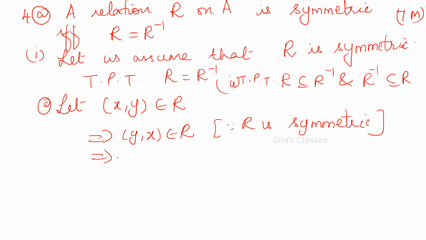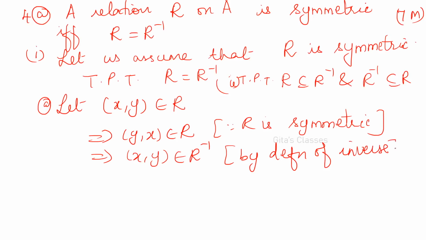This implies x comma y belongs to R inverse, by definition of inverse. So we have taken one element x comma y from R and proved that x comma y belongs to R inverse. That implies R is a subset of R inverse.